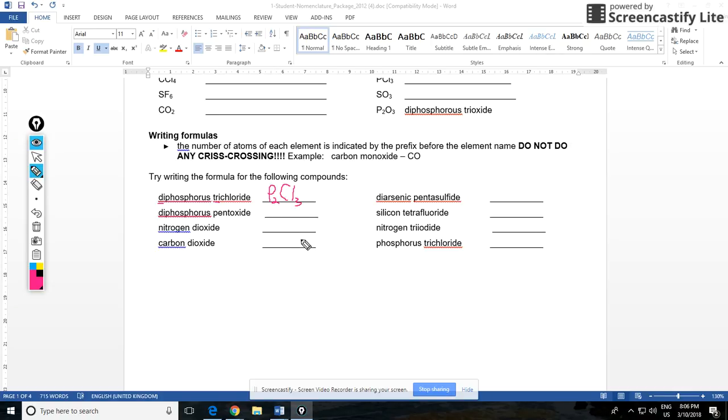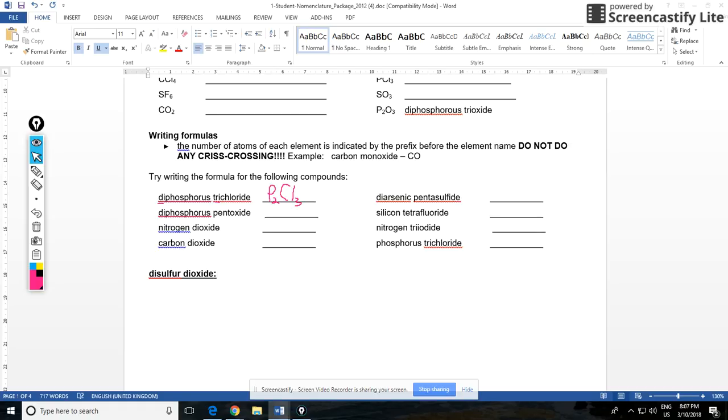Now, you want to make sure, though, that for covalent compounds, you do not reduce. So for ionic compounds, you used to reduce if you could. But when you have a covalent compound, you cannot reduce. So for example, let's say you had disulfur dioxide.